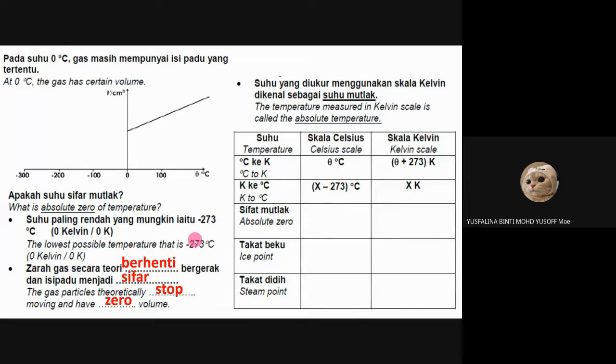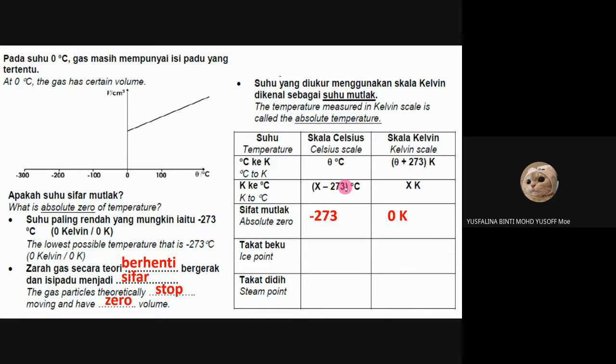This is how you change from degrees Celsius to Kelvin: you add 273. From Kelvin to degrees Celsius, you minus 273. For absolute zero, in degrees Celsius it is negative 273 degrees Celsius, and in Kelvin it is 0 Kelvin.